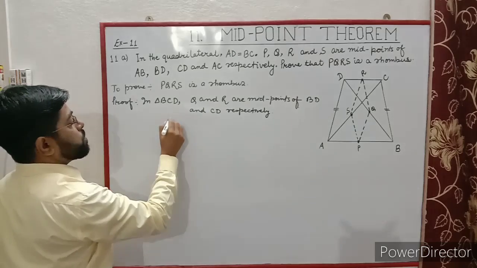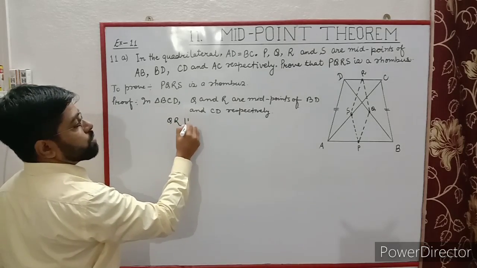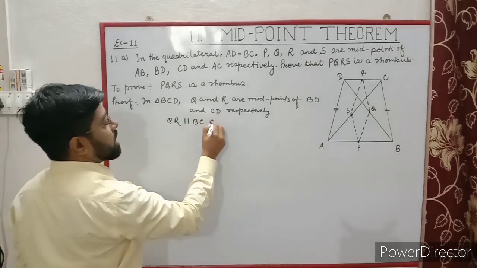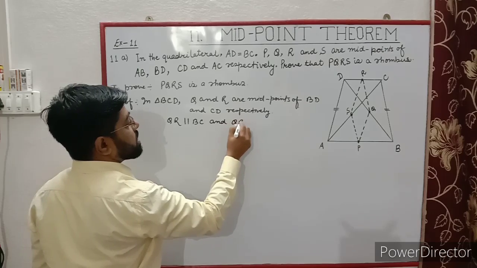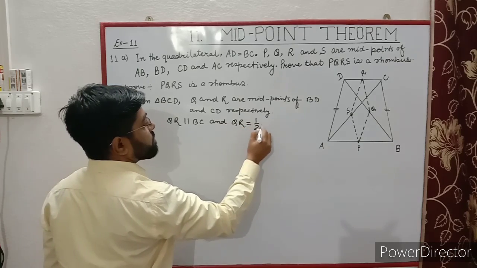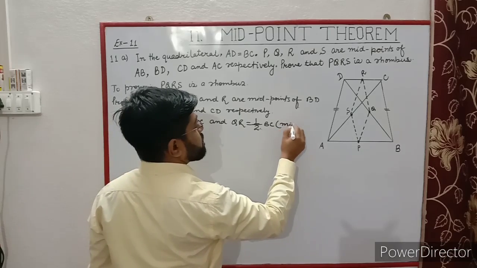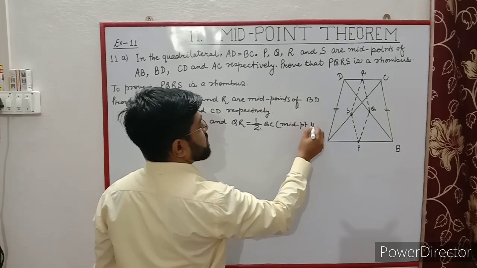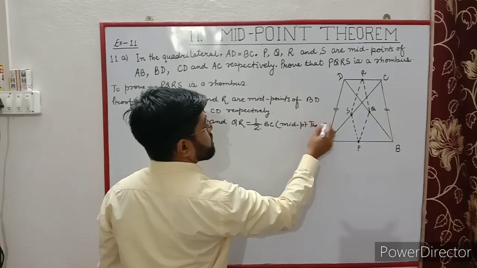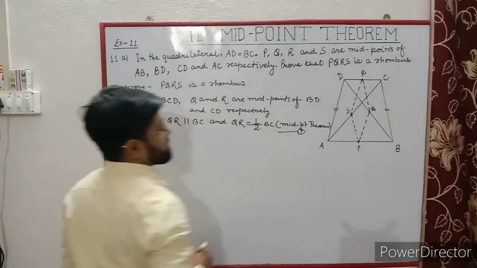Then QR is parallel to BC and QR is equal to half of BC by midpoint theorem. We assume equation number first.